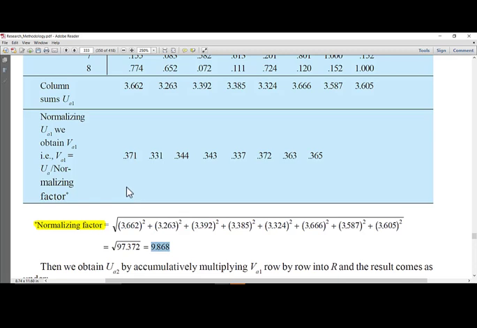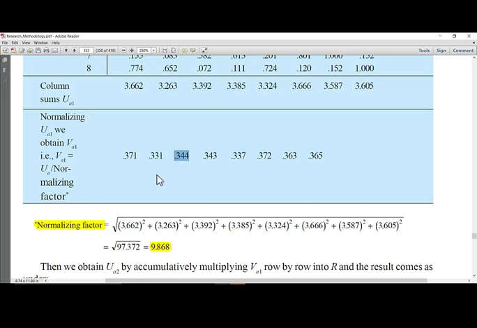Then 3.662 divided by 9.868 is 0.371. And 3.263 divided by 9.868 is 0.331. So 3.392 by 9.868 is 0.344.